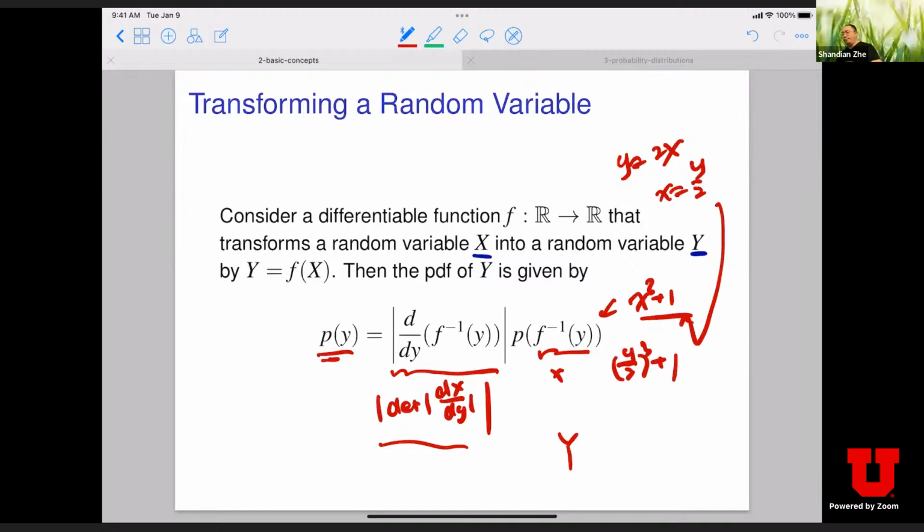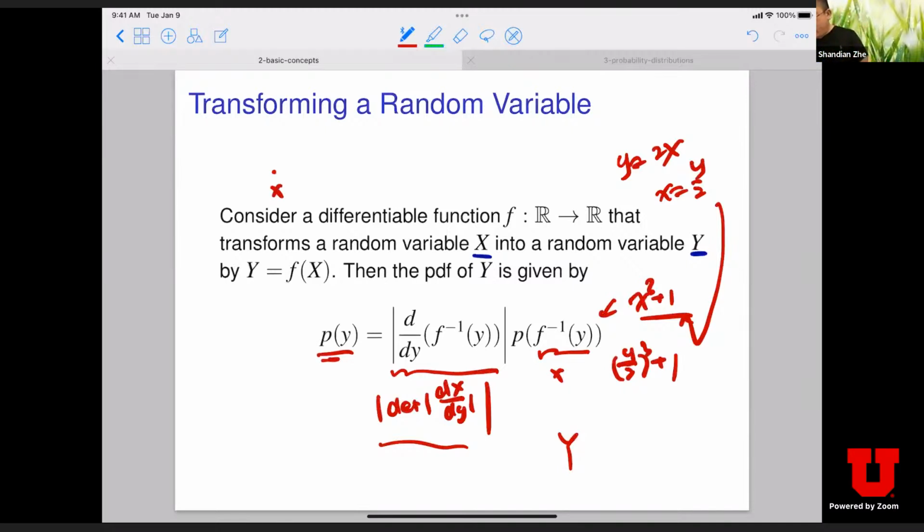The basic idea is that, on an infinitesimal change of x, suppose this is the space where x resides.